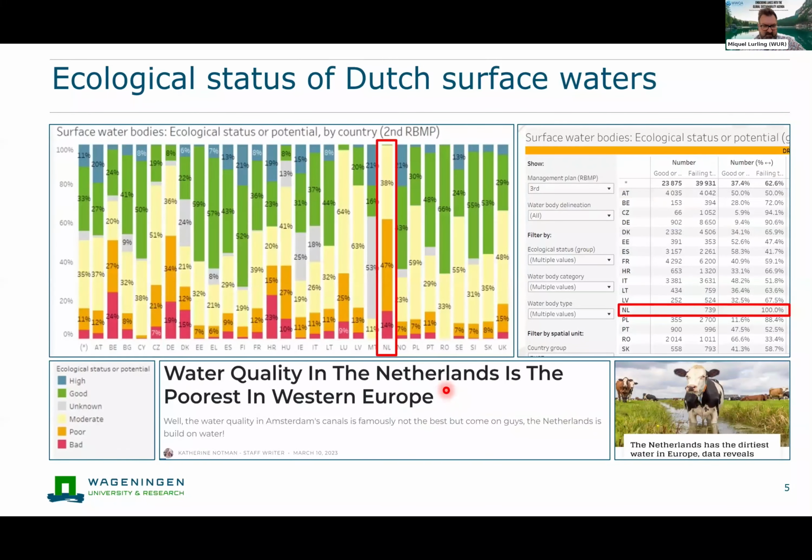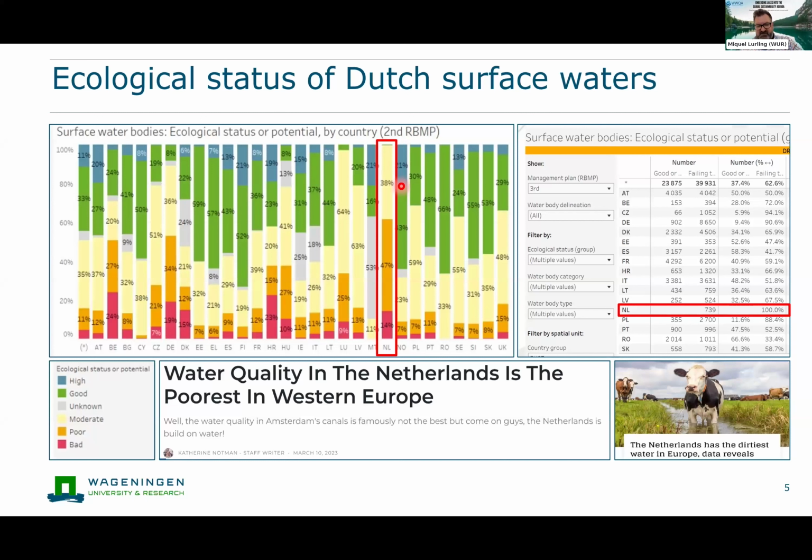Well, the situation in the Dutch lakes has not improved, despite all our attempts to improve water quality. If you just have a look at the ecological status of the Dutch surface waters nowadays, actually this is the second river basin management plan, so the period until 2021, there's not a single water body that has a green appearance, meeting good ecological status or good ecological potential.